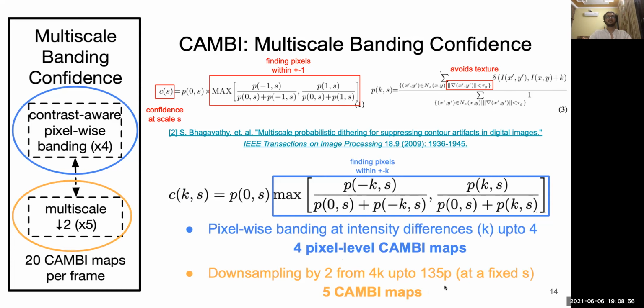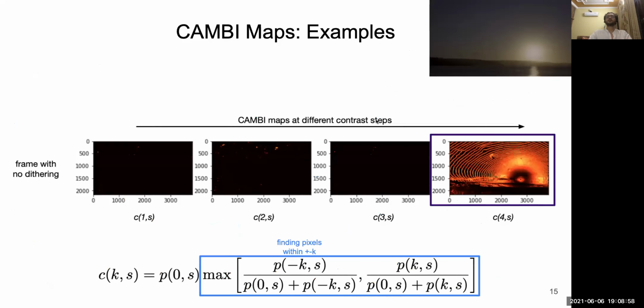So let's look at how these CAMBI maps look. I'm going to show you these CAMBI maps for the example which I showed you earlier, the sunrise scene. What I am showing here are the C_K^S values. These are 4 different CAMBI maps for the same frame at different values of K. So bands are being detected at different perceived contrast.